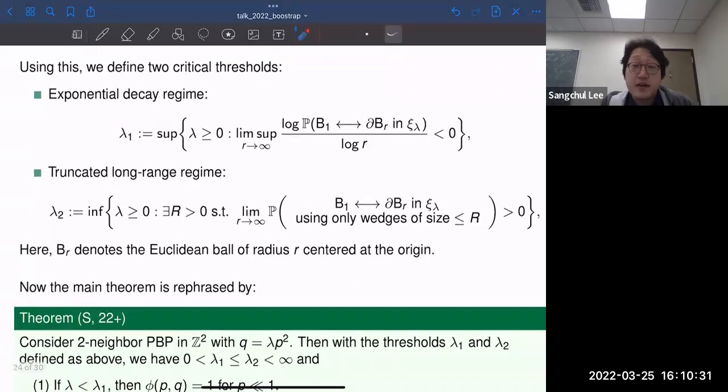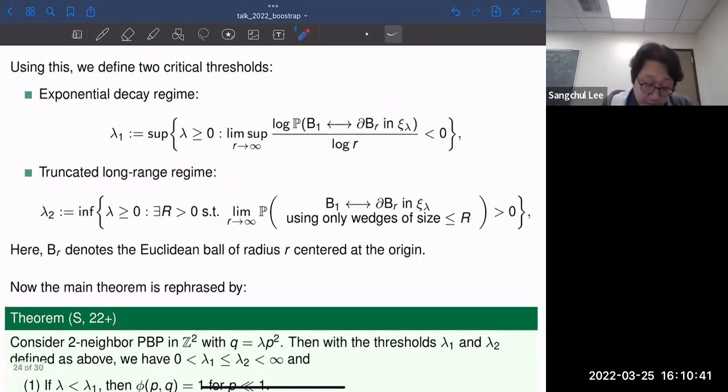Another critical threshold is the truncated long range regime, which is the infimum of lambda such that the unit disk at the origin is connected to the circle of radius r in xi lambda using only wedges of size at most r. I'm not using grains or wedges of arbitrary size, but only of size at most r, for some technical reason.